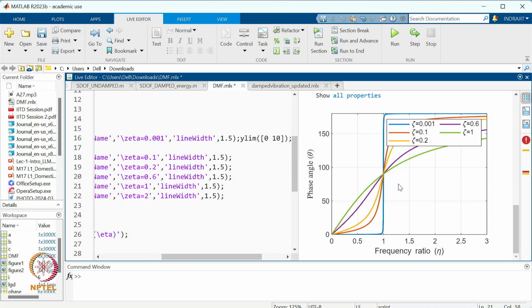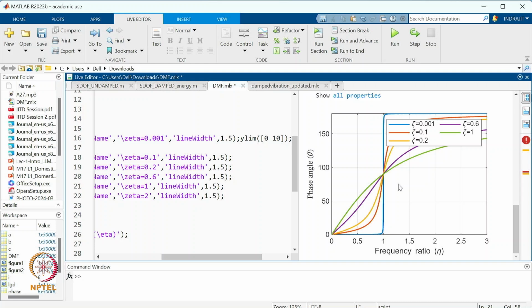They are more or less in the same phase. But once the excitation frequency just crosses 1, meaning it is more than the natural frequency of the system, then the response is out of phase.